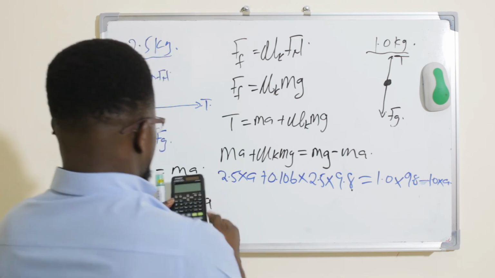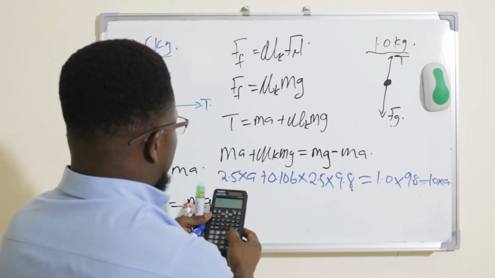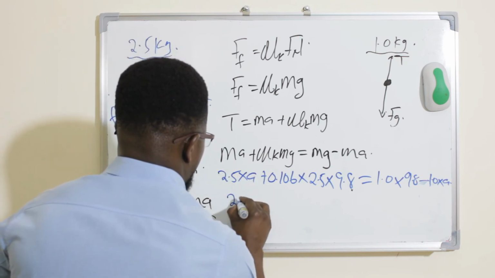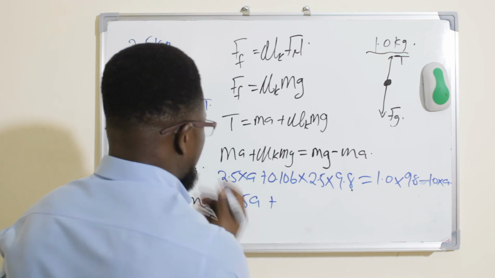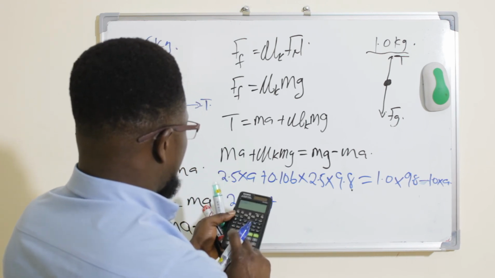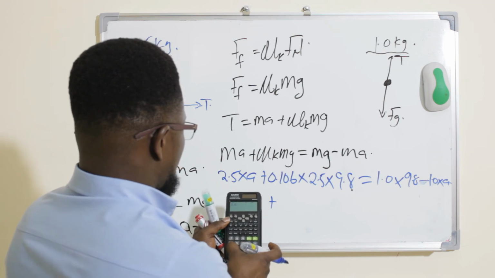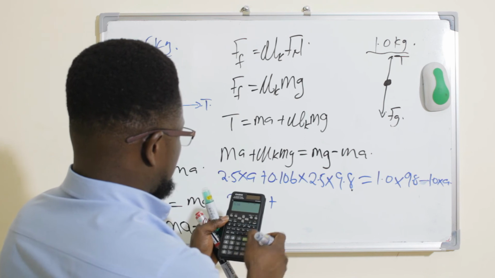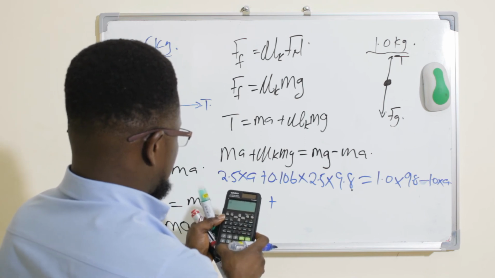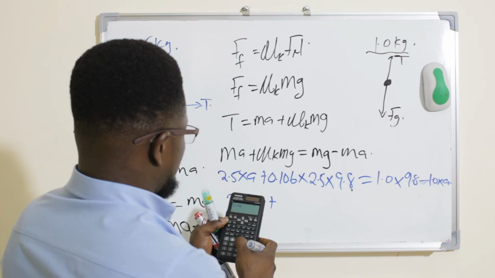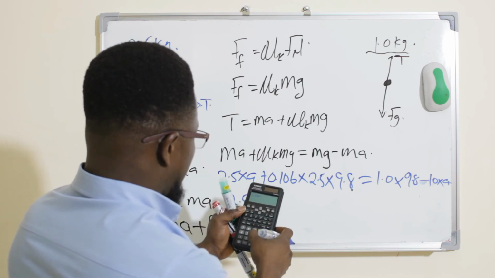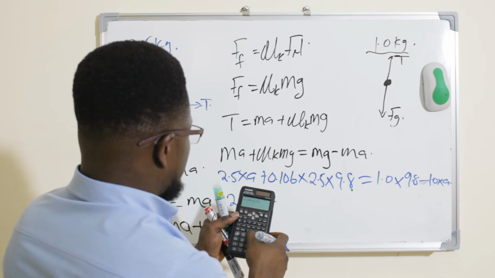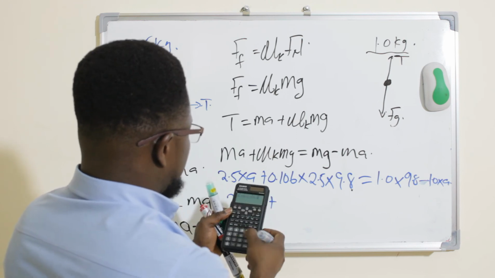So let's see. We have 2.5 multiplied by A, and 0.106 multiplied by 2.5 multiplied by 9.8.